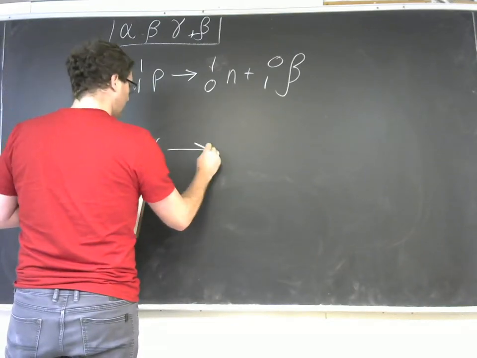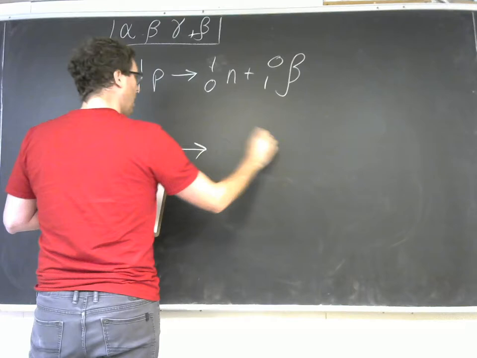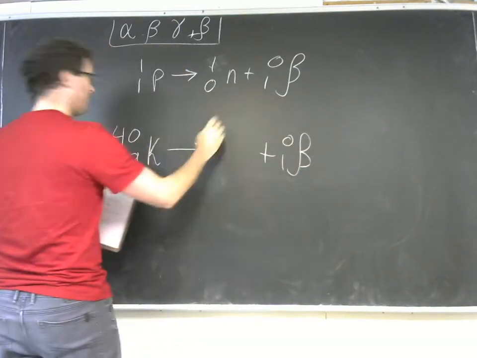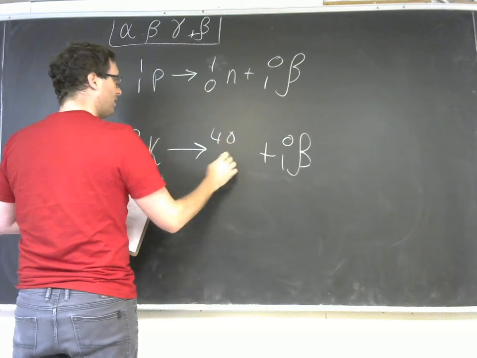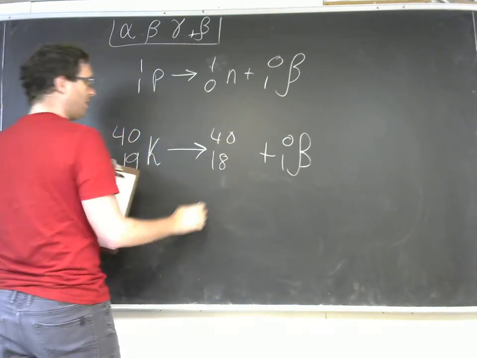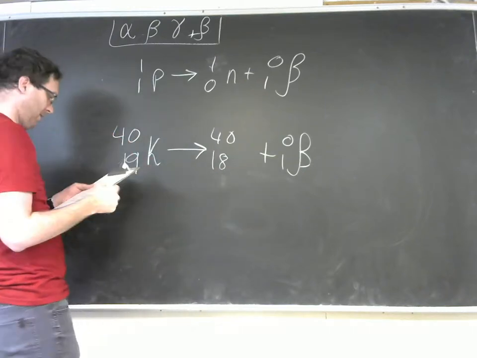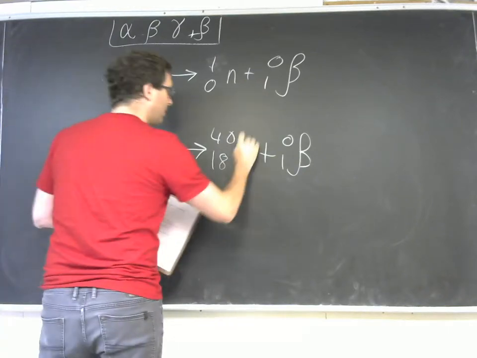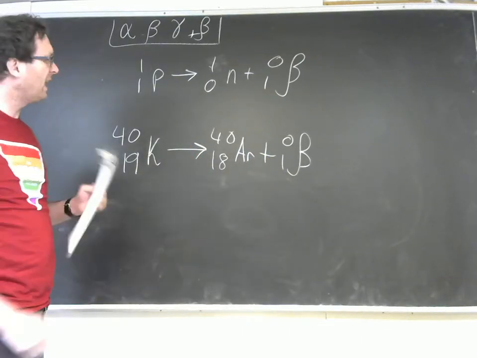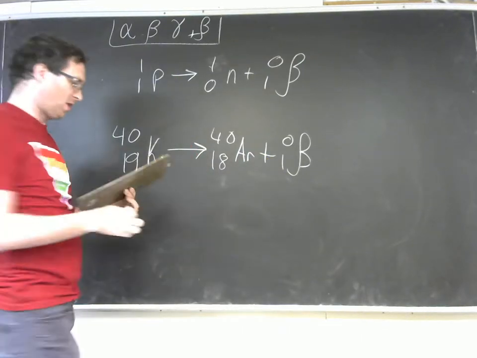Because potassium will decay into, we'll put the positron there. The mass will be the same, 40, but now this will be reduced by 1. So 18 plus 1 is 19. And what's the 18th element? It's argon. Okay, so that is positron emission.